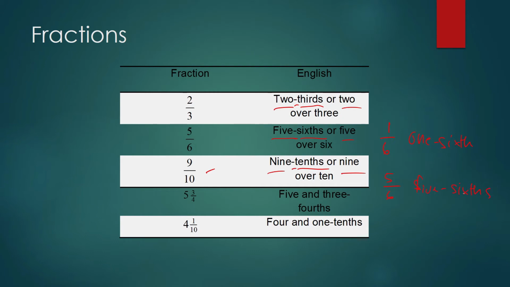So when you have 1/6, because it is only one, it is singular, it's one-sixth. When you have 5/6, it's more than one, so you say it as five-sixths. And I wish to apologize for this one. So this one is 4 and 1/10. It's not four-one-tenth, it's four and one-tenth.